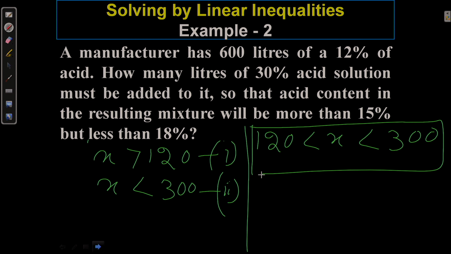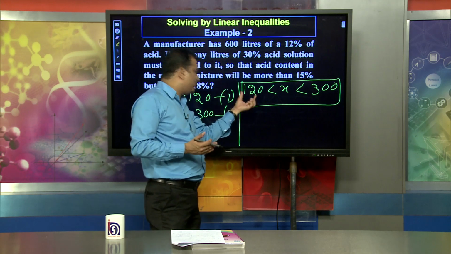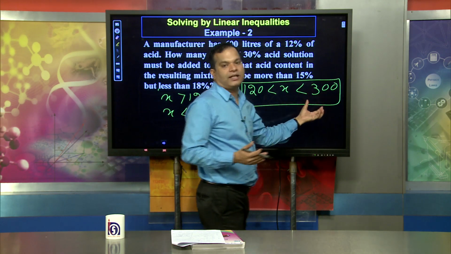So we can conclude that the amount of 30% acid to be added, so that the mixture is more than 15% and less than 18%, must be more than 120 liters and less than 300 liters.